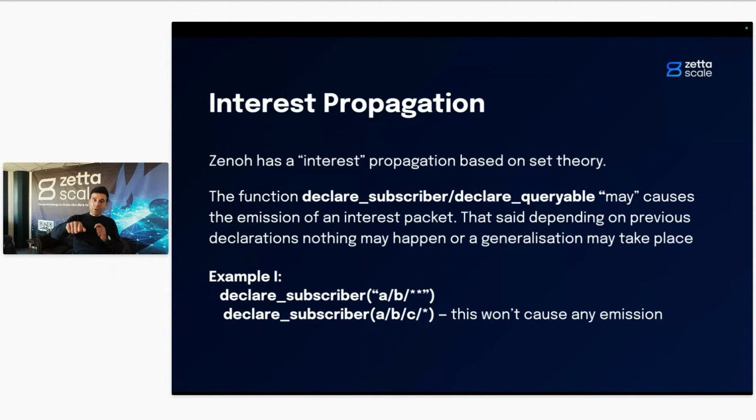But after that point, you cannot assume anything else, because perhaps on the rest of the network, depending on the state of Zenoh, nothing will ever be propagated, because we don't need to, because there is a set of interest downstream that includes the interest that I just declared. As everything operates on set theory, there isn't always the need to be very verbose and say, you have to tell everything.